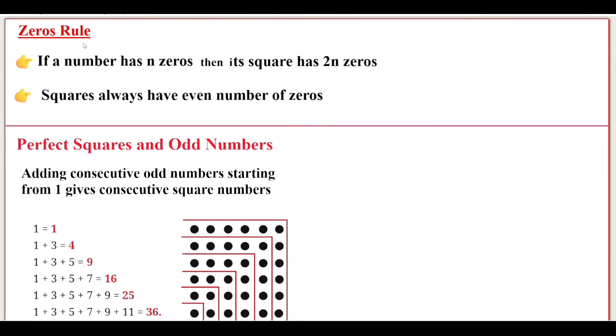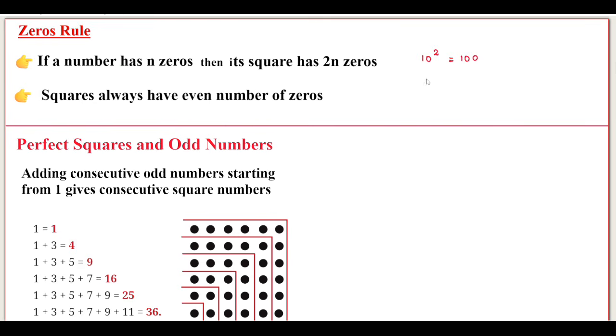zero rules. If a number has n zeros, then its square has 2n zeros. For example, if the number has 1 zero, the square has 2n zeros, so 2 into 1 means you will have 2 zeros.